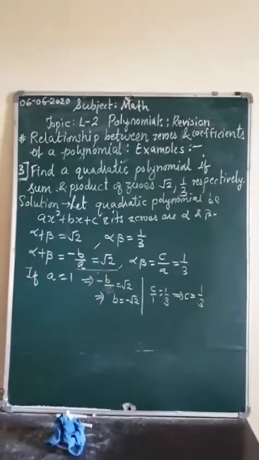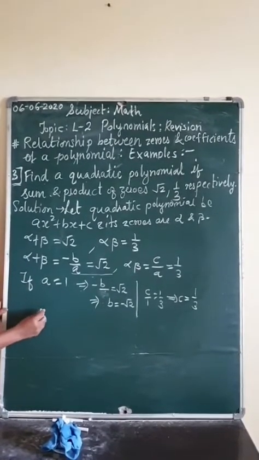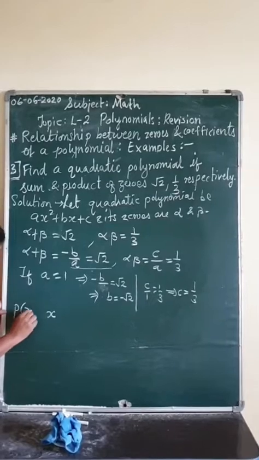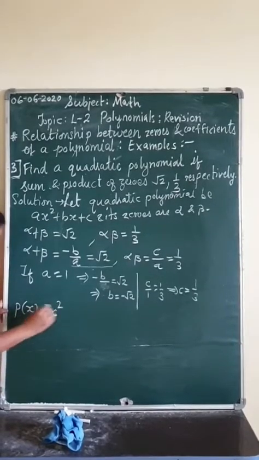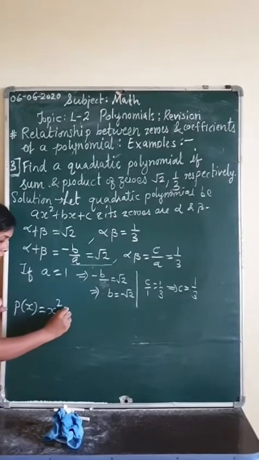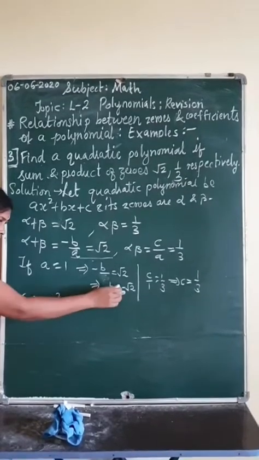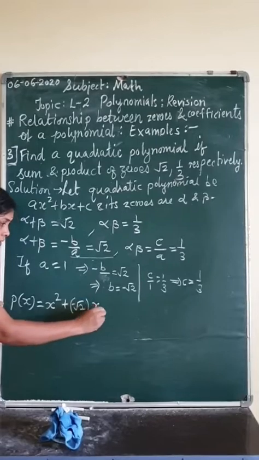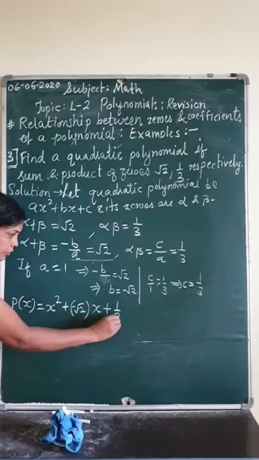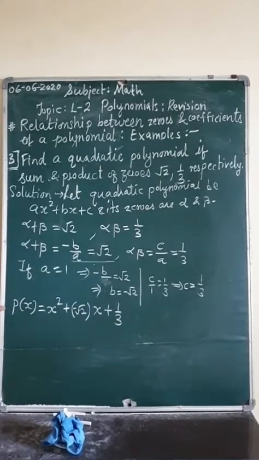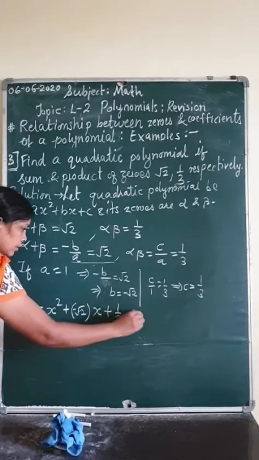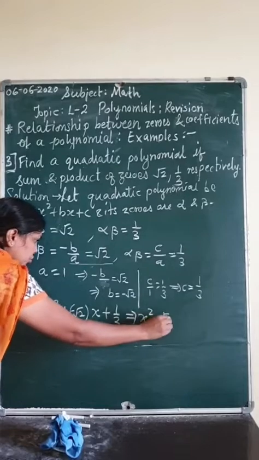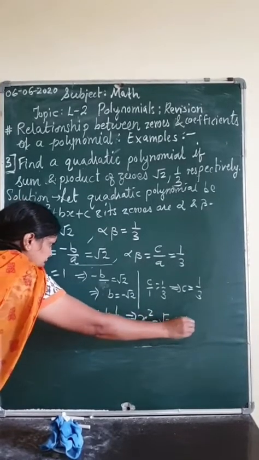And then our quadratic polynomial will be x square plus, what is b? Minus root 2 x plus 1 upon 3. So it is nothing but x square minus root 2 x plus 1 upon 3.